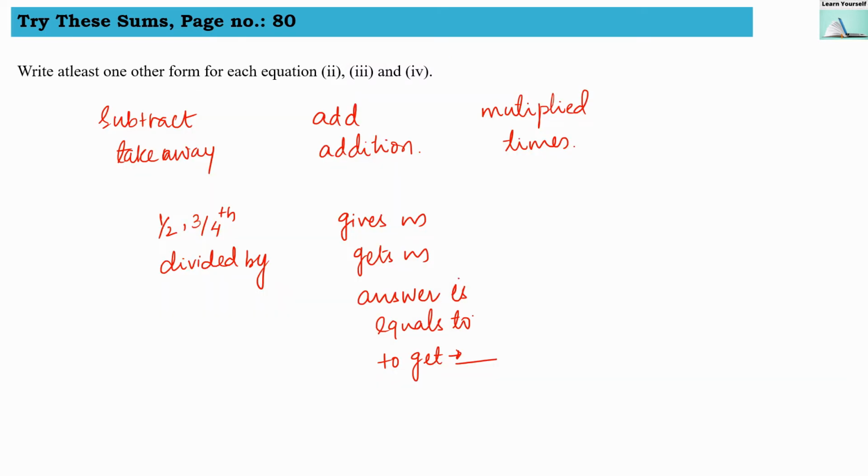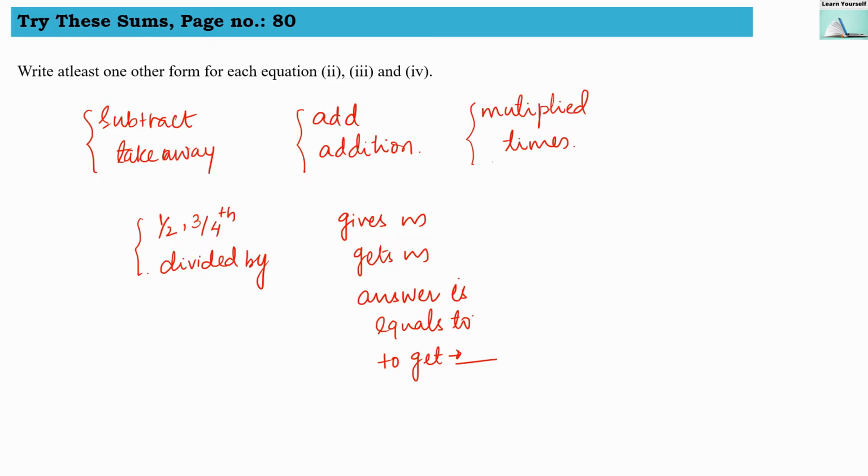So these are the important terminology when we are writing a statement for an equation. Subtract and take away, we can use either of these. Addition or add, we can use either. Multiplied, multiplication, times, we can use for multiplication. And for division, either we can write 3/4 of m or half of m, or we can write divided by.